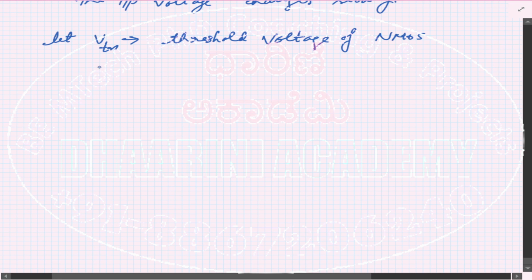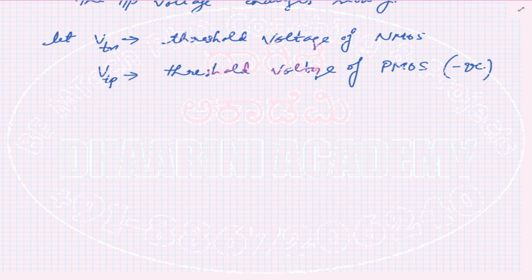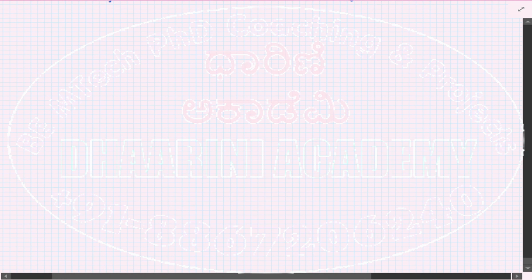Similarly, we have VTP, the threshold voltage of the PMOS, as the name suggests. Just remember this VTP will be a negative value, because for a P channel, I want to induce the channel in the reverse order.